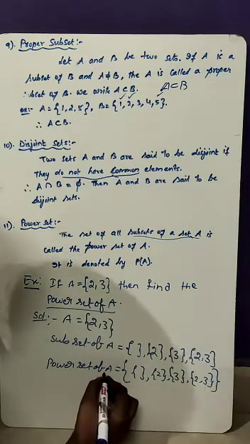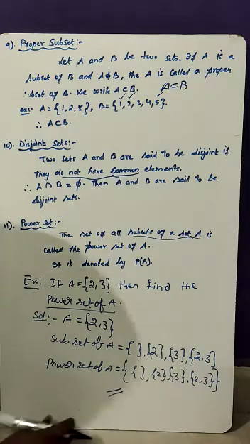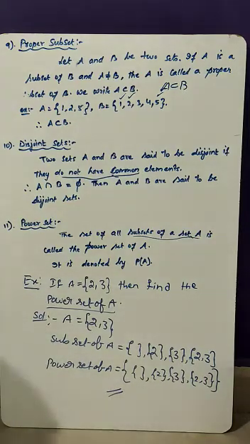So that is the power set of A. Clear, students? So today's class is over. These are the 11 types of sets. Next class I will explain about the 1.2 sums. Okay, thank you.